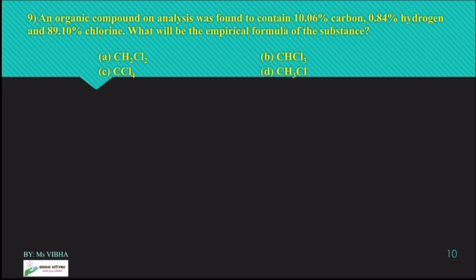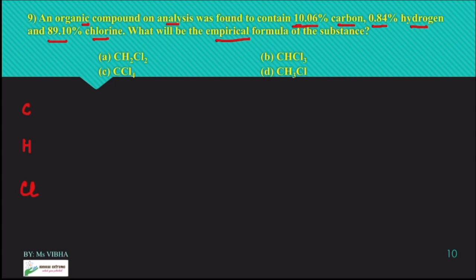Ninth question says an organic compound on analysis was found to contain 10.06% of carbon, 0.84% of hydrogen, 89.10% of chlorine. The simple steps to calculate the empirical formula: we have carbon, hydrogen and chlorine.